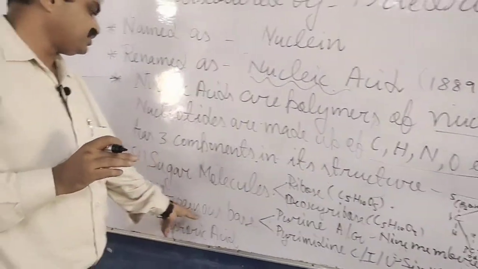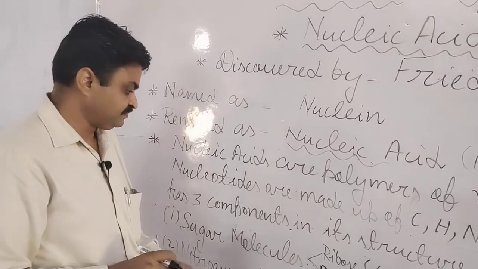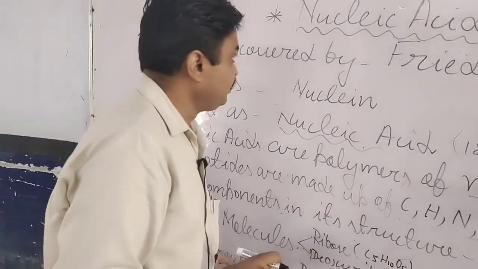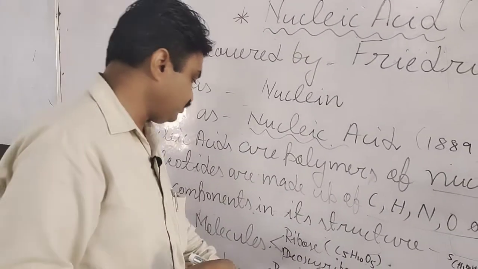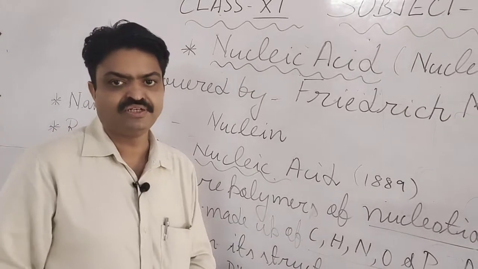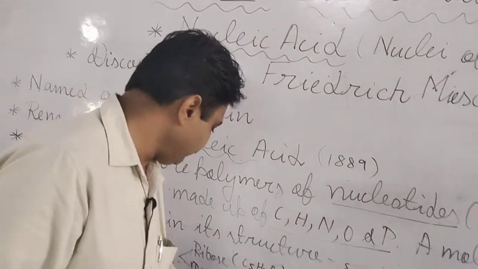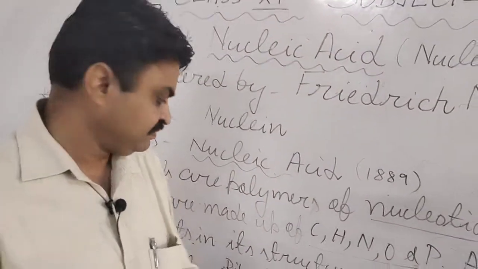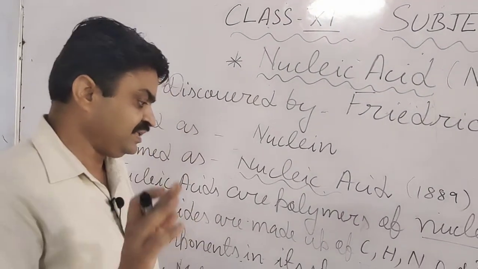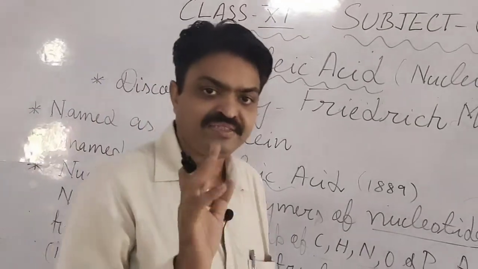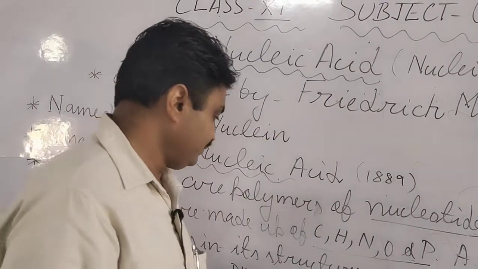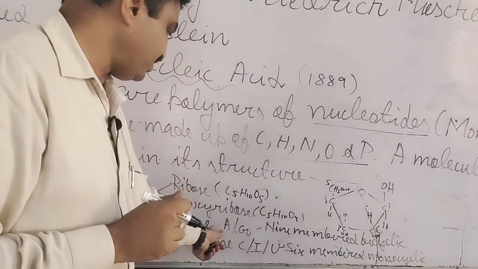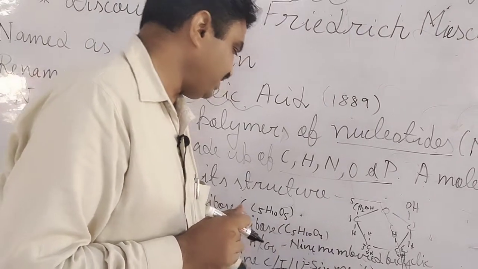Next is the nitrogenous base. Nucleic acid contains 2 types of nitrogenous bases, student: purine and pyrimidine. Purine contains 9-membered bicyclic bases and they are known as adenine and guanine.